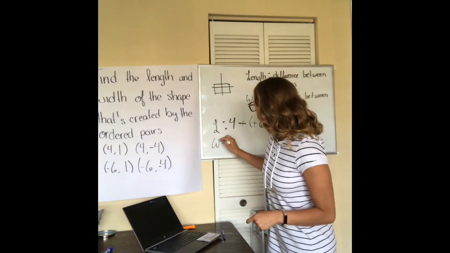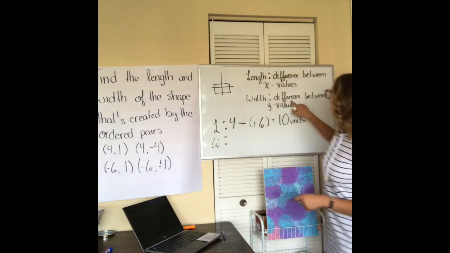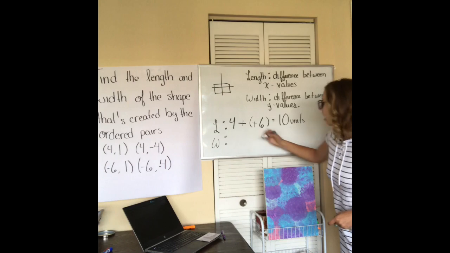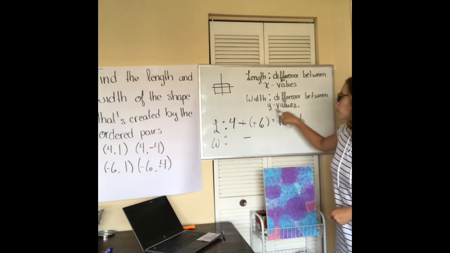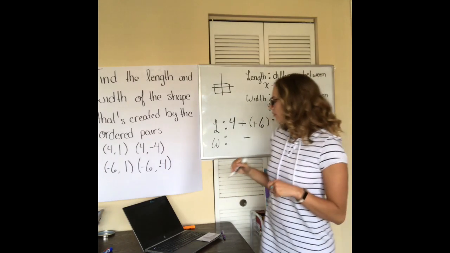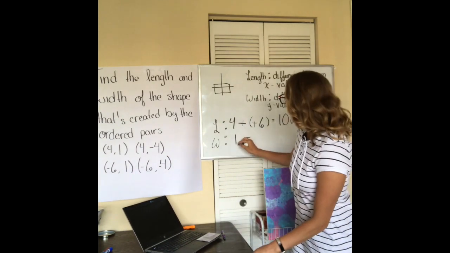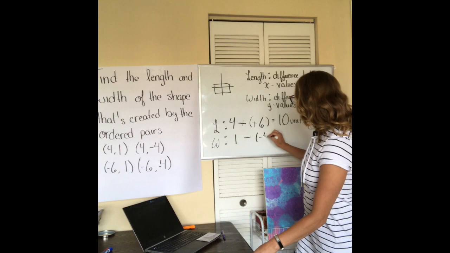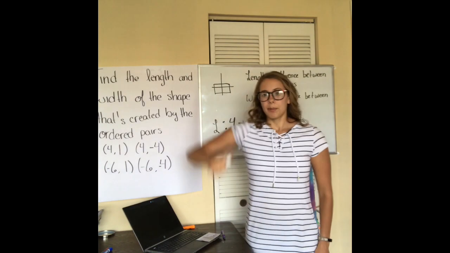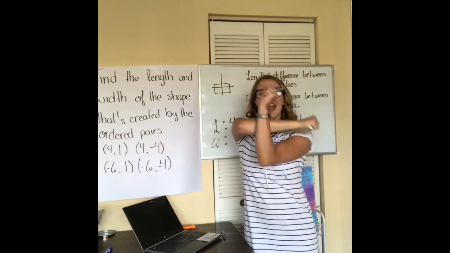And my width is the difference, so this is a subtraction problem, between y values. And my y values are 1 and negative 4. So 1 minus negative 4. And again, when I have minus negative, I add.